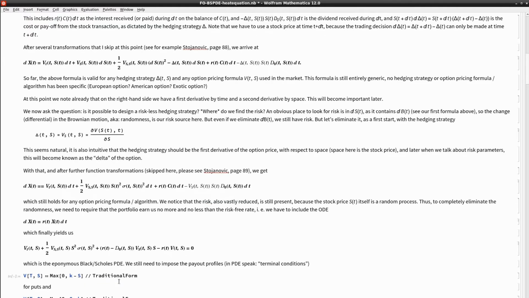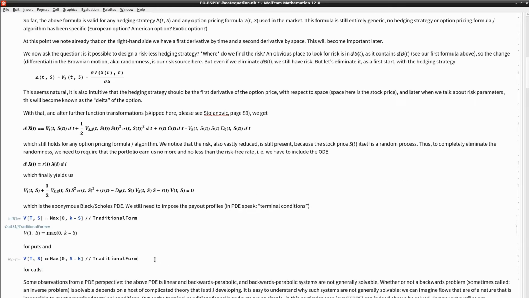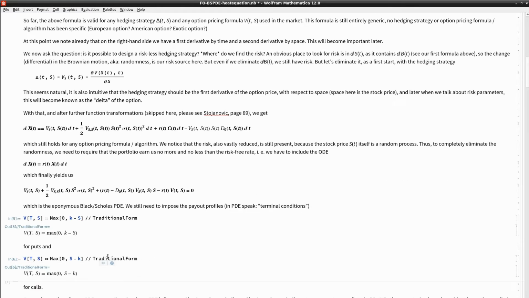And now let's say that we're talking about options, right? We now want to impose the payout profiles, and in PDE speak that would be called the initial or terminal conditions. And we use these two formulas for our call and put terminal conditions or initial conditions based on this perspective that we have.